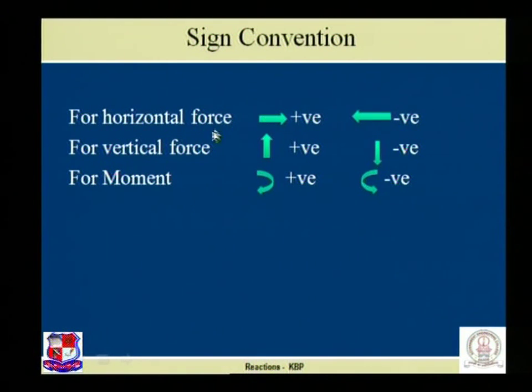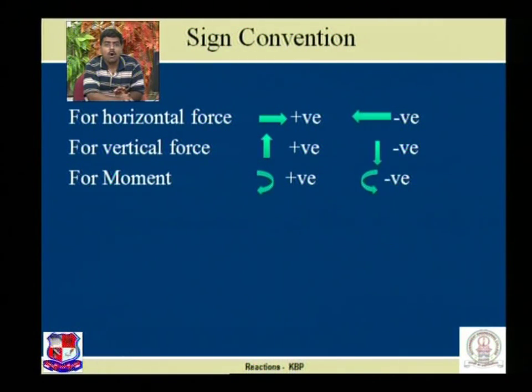The sign convention used throughout the previous session as well as in this session. Repeat the word, this is my assumed sign convention. Person to person, this sign convention may change depending upon his or her convenience. For my case, I have used horizontal force, right hand side arrow is considered positive while the opposite side is considered negative.